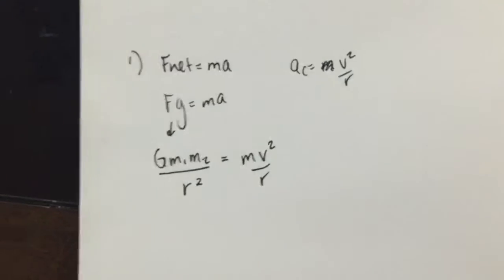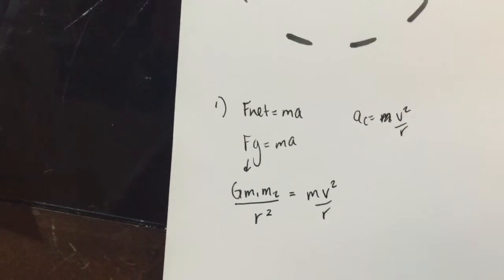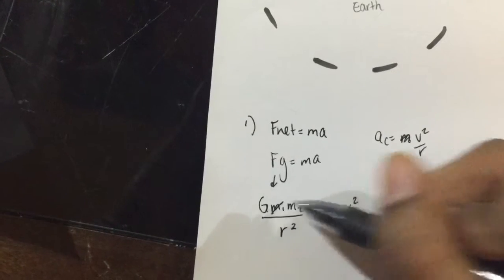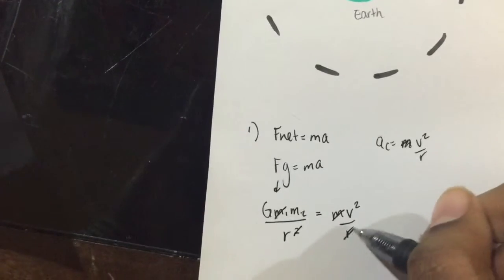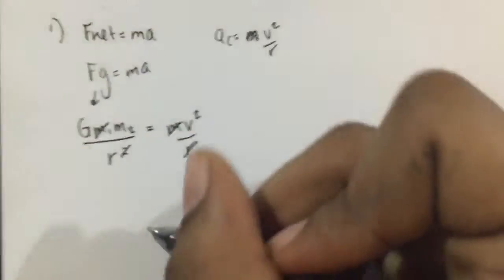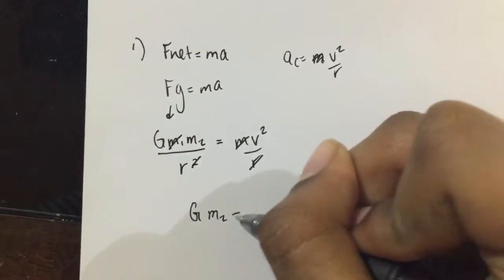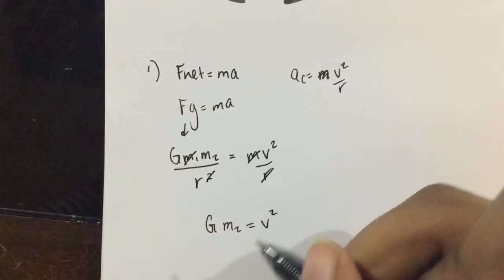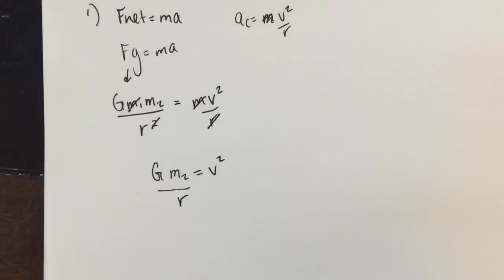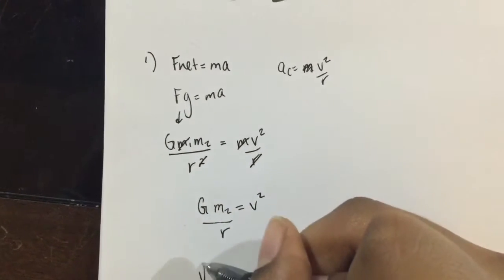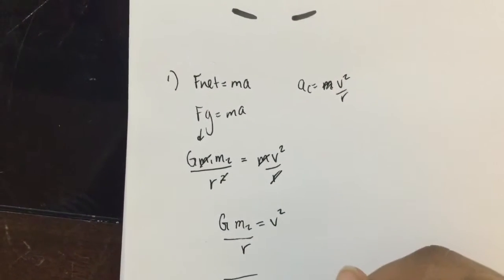Now looking at this equation, we can cancel out the mass of the satellite on both sides and the radius, leaving us with g times the mass of the Earth equals velocity squared divided by r. So to solve for velocity, we'll take the square root of this, and we'll get a number.